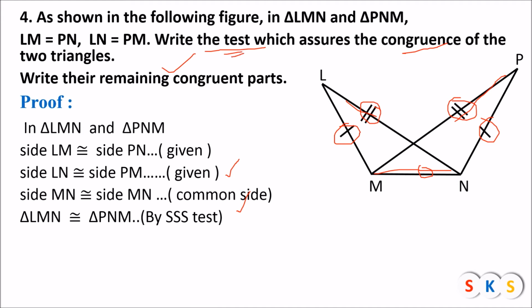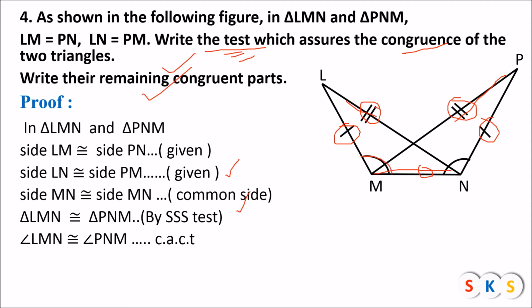So look over here. You can see in this figure angle LMN is congruent to angle PNM, right? This angle, angle LMN, is congruent to angle PNM because of CACT.